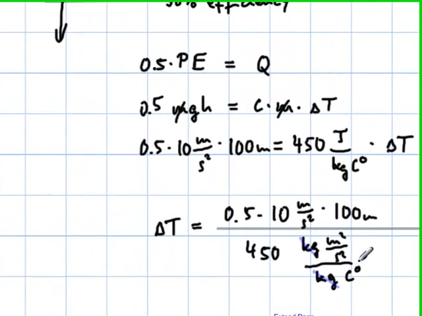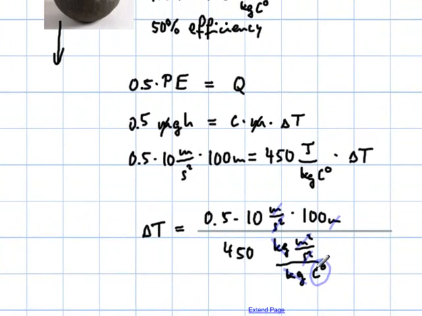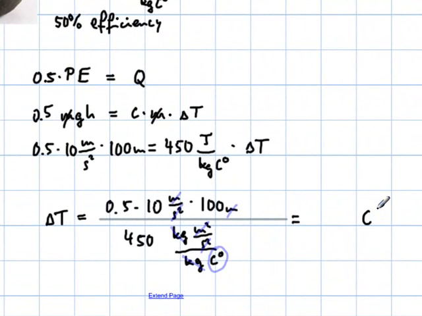Okay, let's see, kilograms are dividing, the seconds squared are dividing, the meter squared right here, there's a meter here and a meter there that they're dividing with, and the only one left is divide by a fraction which has the Celsius degrees in the denominator, so that means the Celsius degree will turn up on the top.